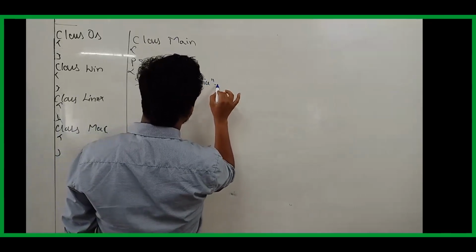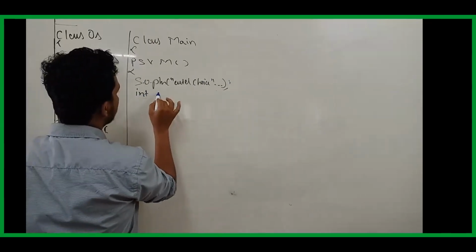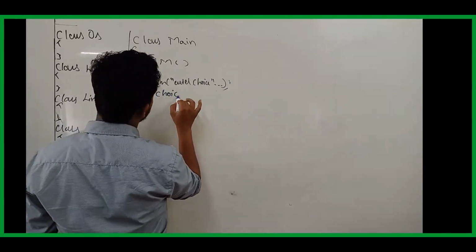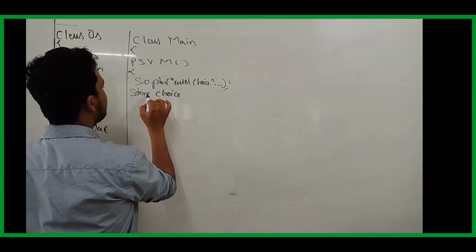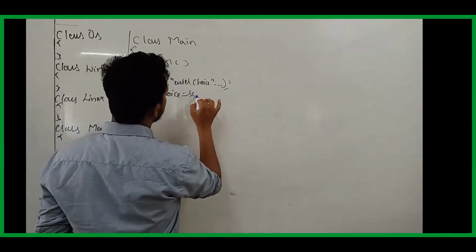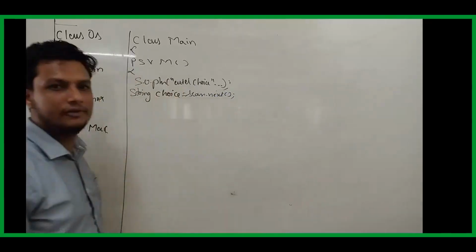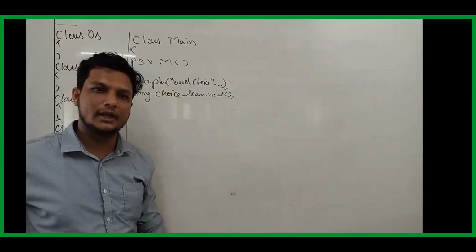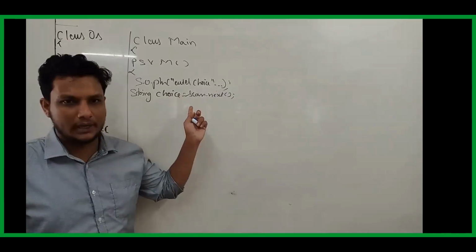Assume that I have given all the messages. Let me collect a string choice this time. I'll use scan.next method. The user will enter Windows as WIN, Linux as LIN, Mac as MS.